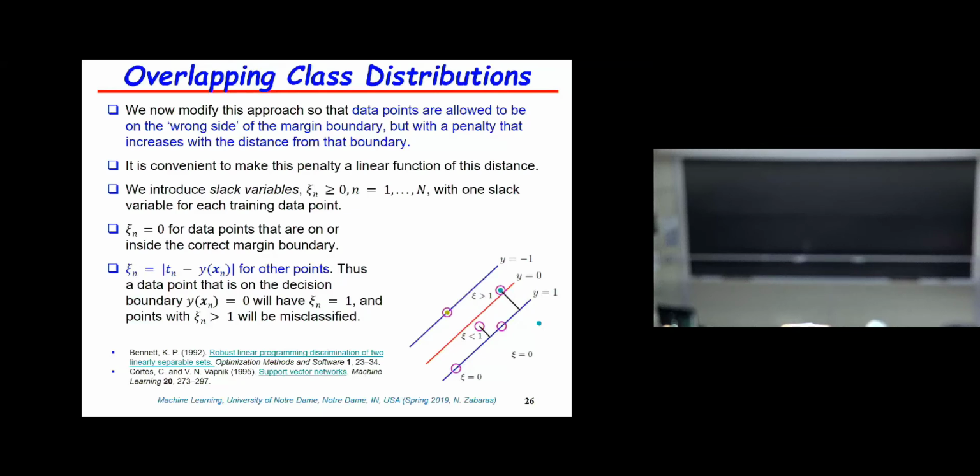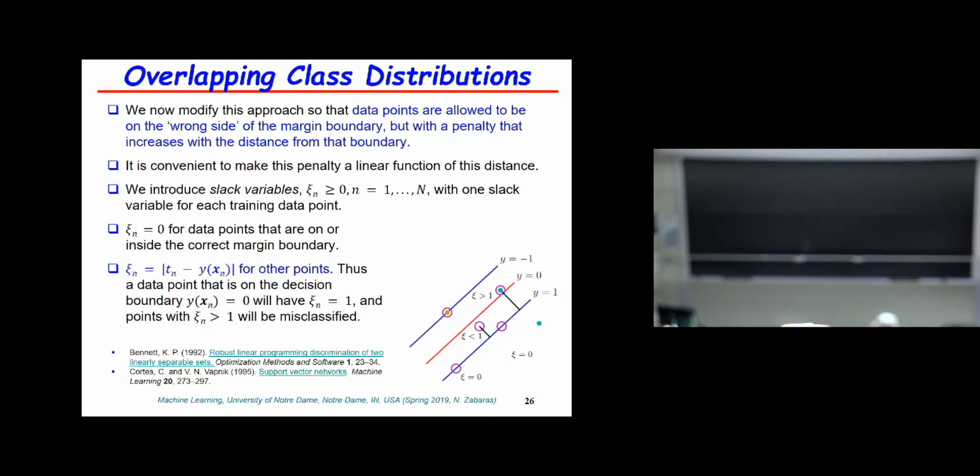This point, even though it's on the wrong side of the margin, we will accept as being a blue point. This point that is up there, because it's on the wrong side of the separating hyperplane, we will not accept it. So for this point, we're going to be committing some error that is defined by this distance ξ that you see defined here.